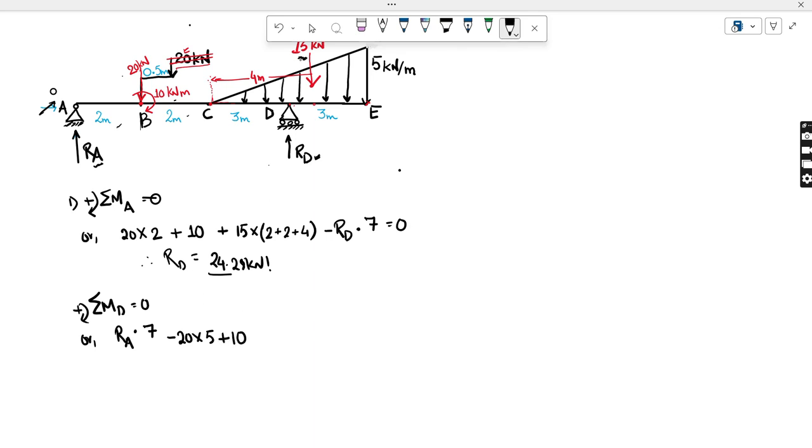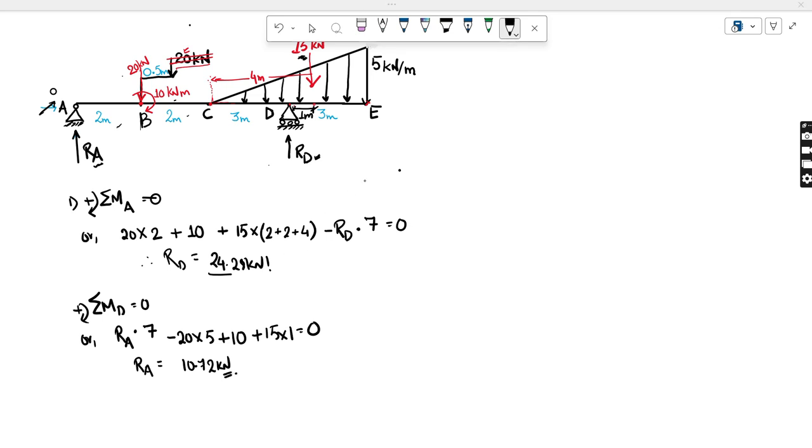Now the next part is due to this 15 kilonewton point load, which is lying 1 meter from point D. So it will give a clockwise moment, plus 15 into 1, equals to 0. So if you solve this, you should get RA as 10.72 kilonewton.